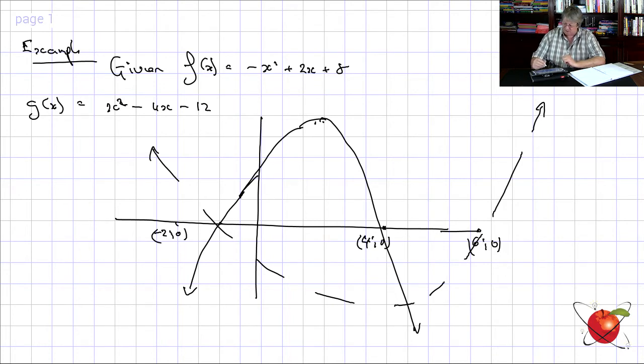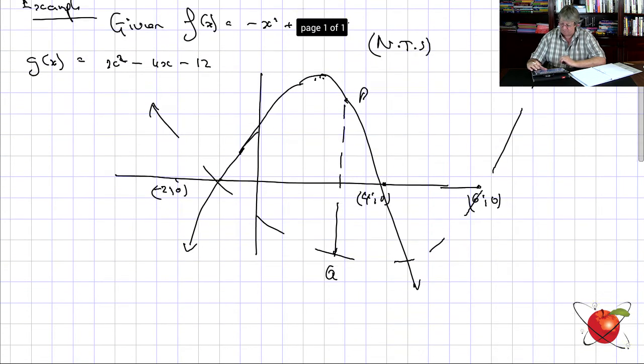Now, find the vertical height where P and Q, they draw a line here, P and Q. And remember, this drawing is NTS, not to scale. I've just basically drawn it. They want to know, find the vertical length where PQ is a maximum.